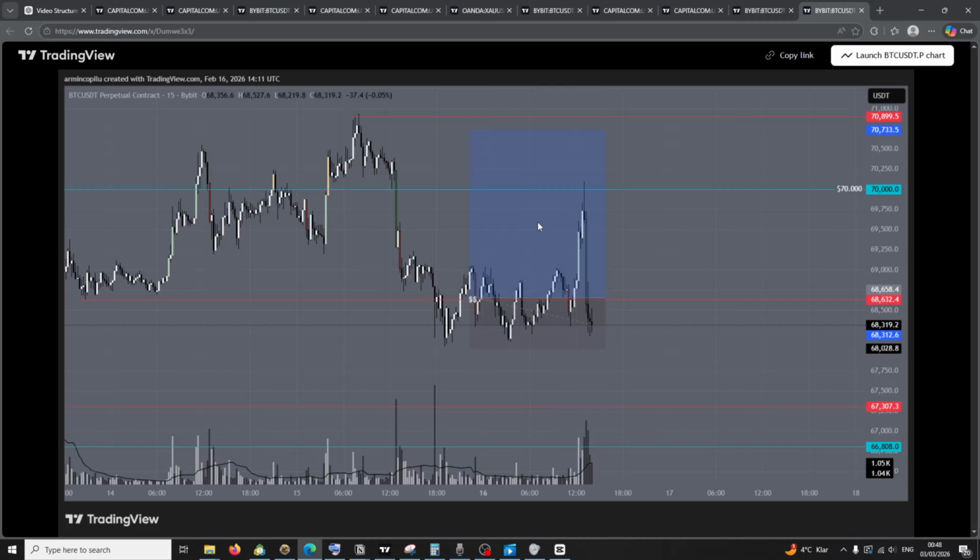This pump ended up just a simple weekend pump and reversed completely. So again, this is also textbook style. Nothing to say against it. Maybe I shouldn't have taken this on the Friday, but I am focusing on taking every trade that meets my entry and my system rules.